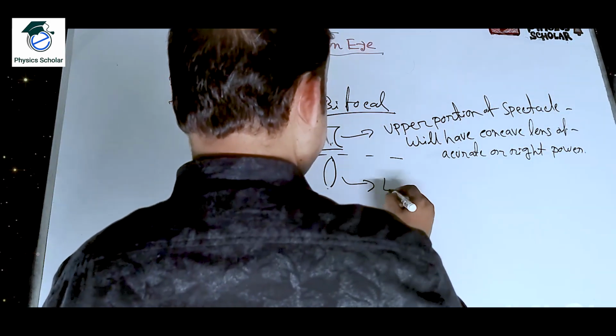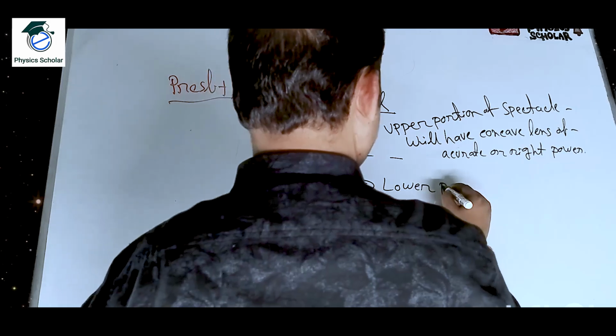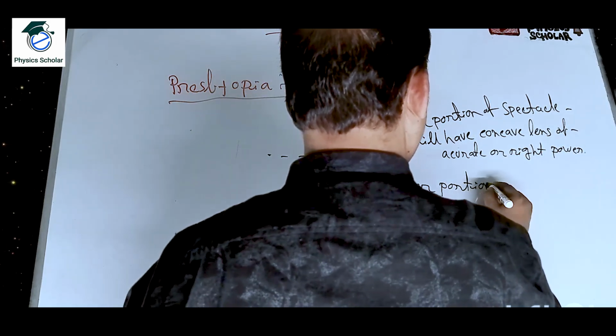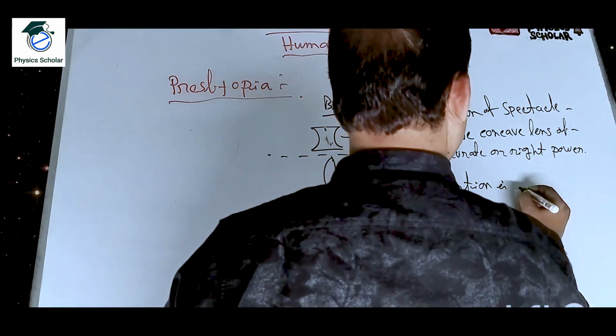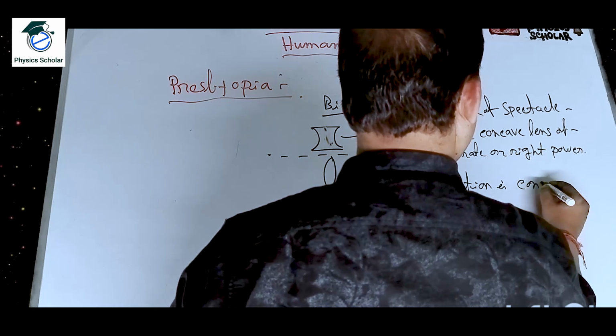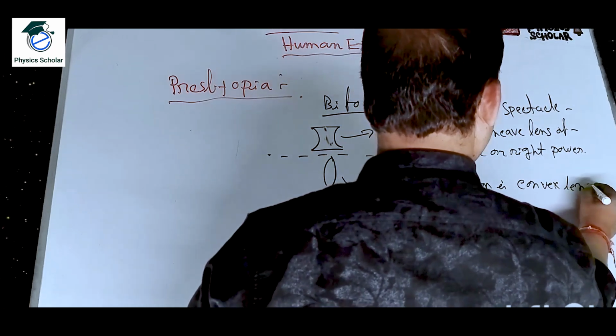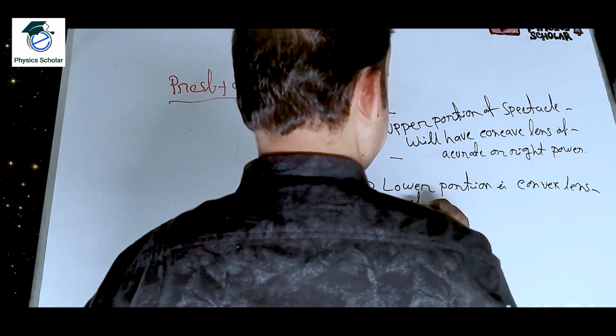And the lower portion is what? A convex lens of the right power.